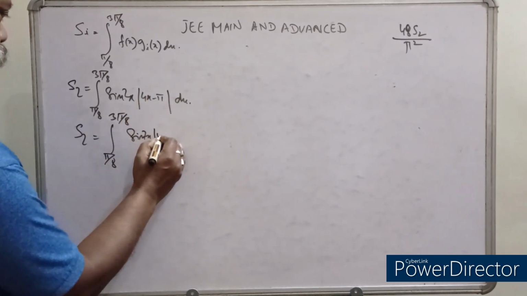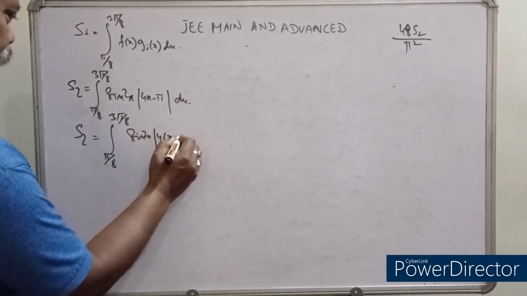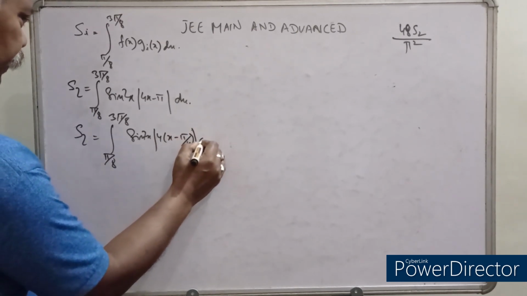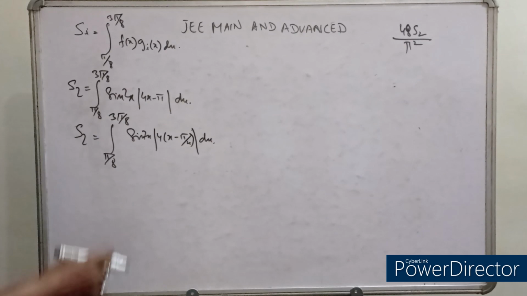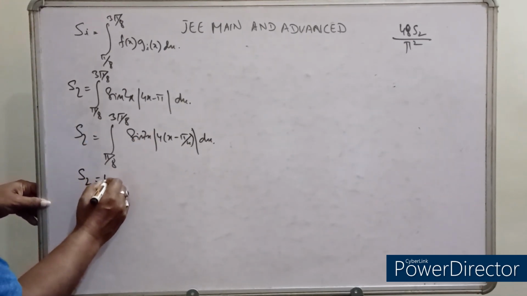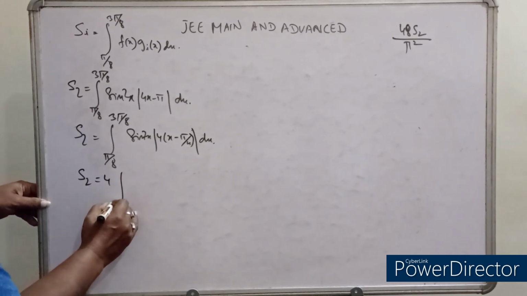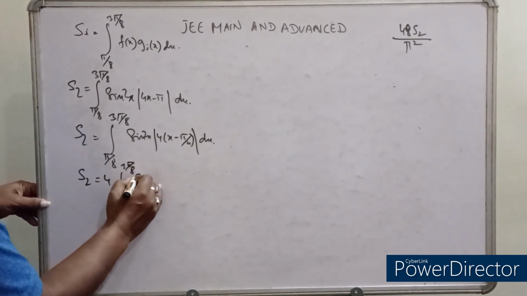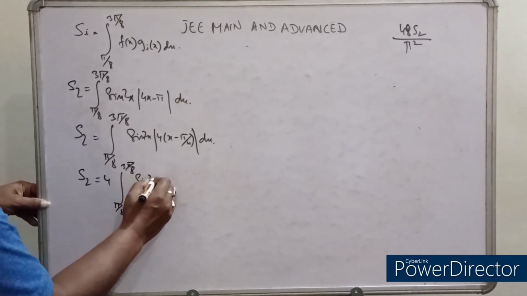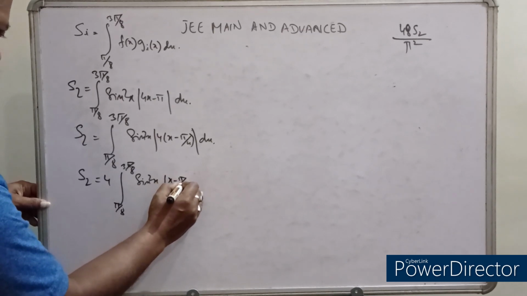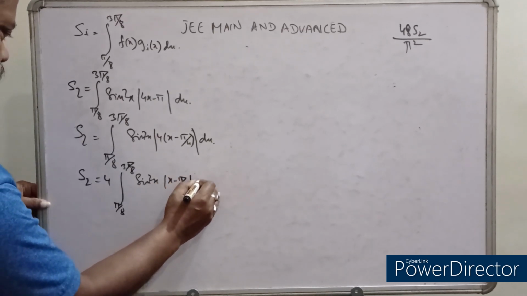Let me take 4 common here, modulus of x minus pi by 4 dx. So this 4 is a constant, it will come outside. 4 integral pi by 8 to 3 pi by 8 sine square x times modulus of x minus pi by 4 dx.